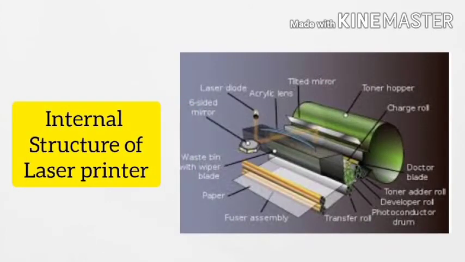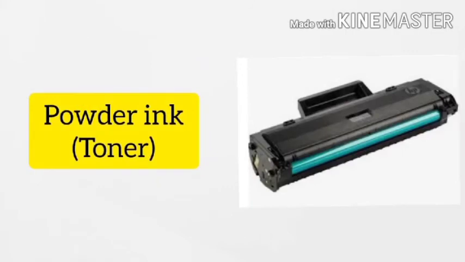Inside a laser printer there is a roller charged with electricity, and then a laser is used to remove the charge from a portion of the roller. As I told you, an inkjet printer uses liquid ink, while a laser printer uses powdered ink.